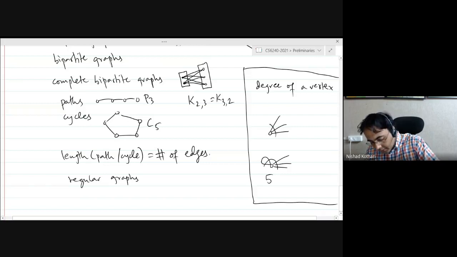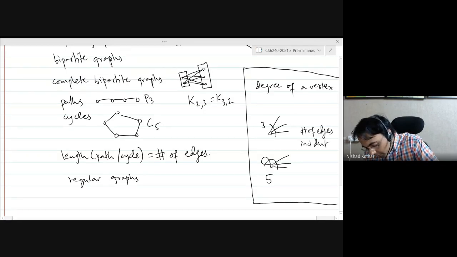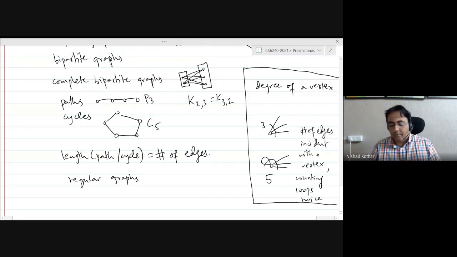And here it's 3. So it is the number of edges incident with a vertex, counting loops twice.